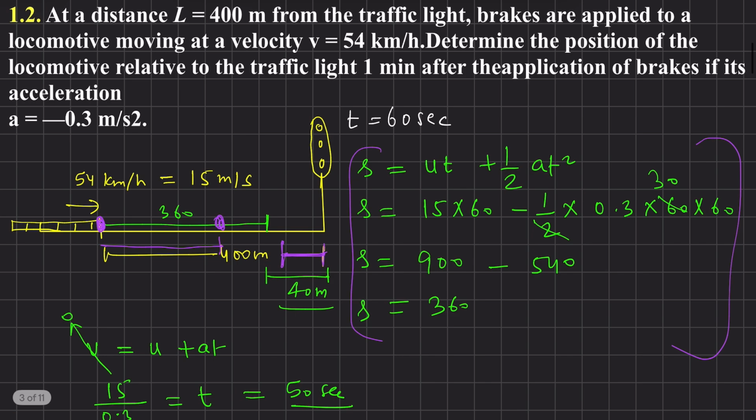Here what we had gotten means that, according to this calculation, the particle has gone and the return should happen, and this would be the displacement. But tell me, if you apply the brakes on a car, does it reverse back if the velocity becomes 0 and then come back?